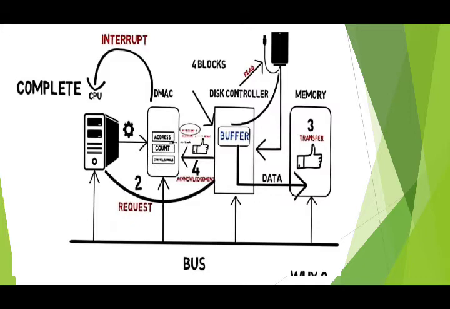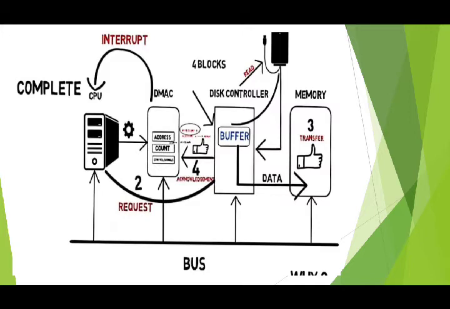Basically, the program starts by sending the registers to the DMA controller. It has three registers, which we already saw in the previous slide: the address, count and control registers. By sending these registers the process will start. Then the CPU tells the disk controller.